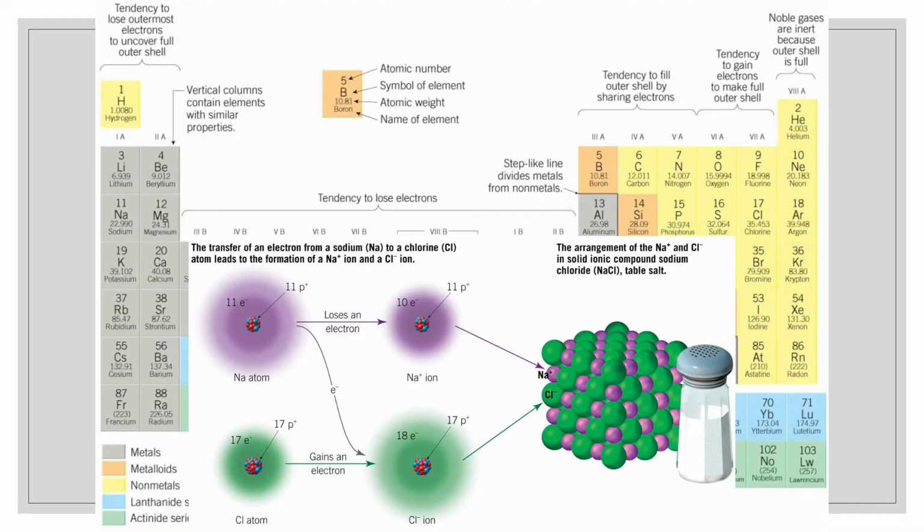And this is a diagram showing that exchange where the sodium is losing its extra electrons to chloride, so that both sodium and chloride can be happy that they have a balanced charge and that their valence shell is full of electrons.